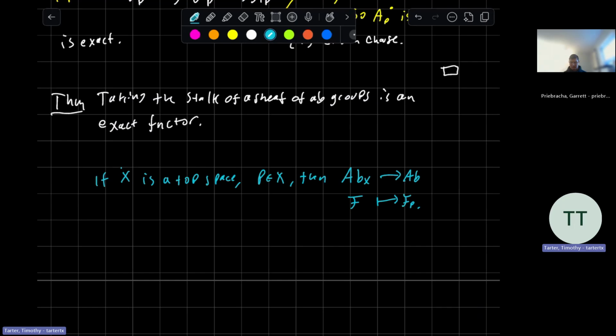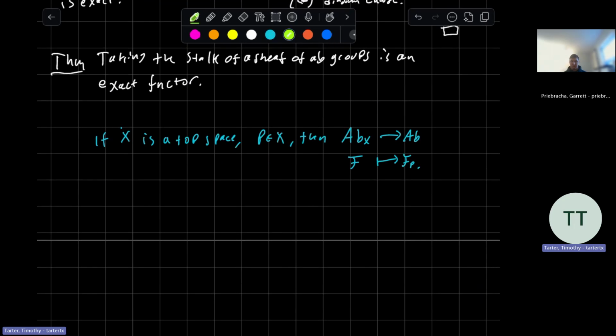And so, let me define this morphism a little bit better than I have.